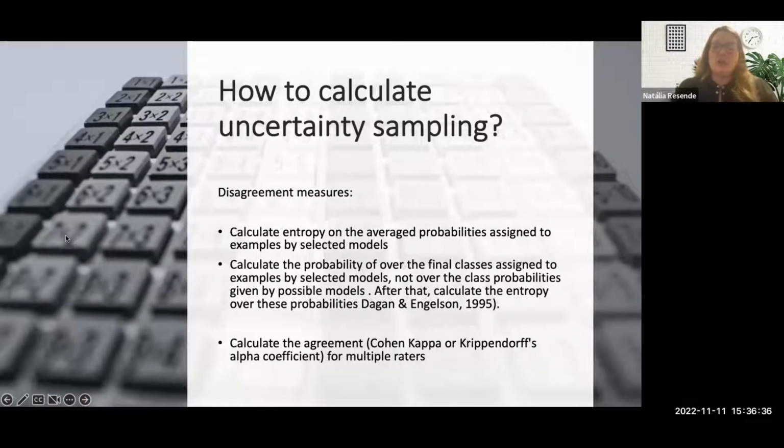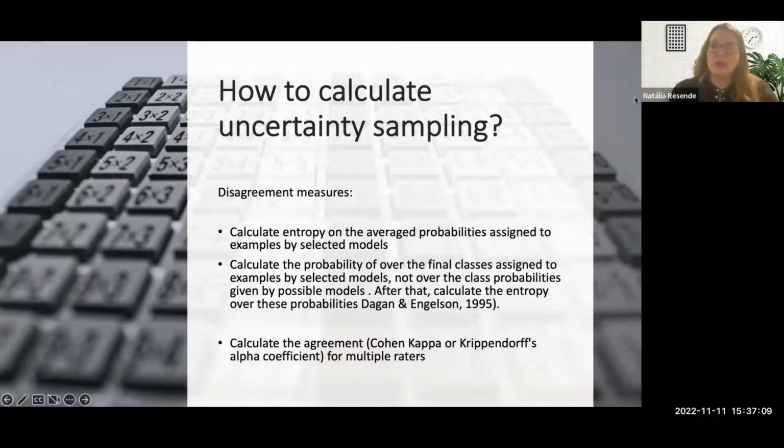But to calculate agreement or disagreement between the models, there are also different strategies. You can use an agreement measure, for instance Cohen's kappa. This is what we usually use when we need to calculate the agreement between two models or two raters, right?